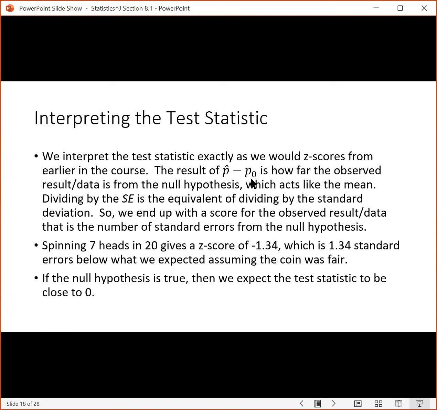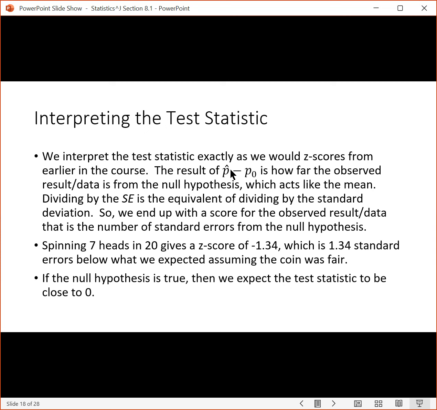If we expect that 50% of the coin spins are going to be heads, then we put 0.5 in here. So our expectation, our status quo, our null hypothesis is in the formula. And then we compare that with the result that we actually got when we did an experiment.